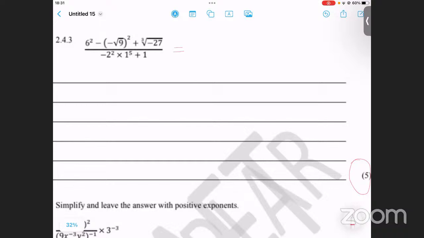So you're basically simplifying everything that's on top. Then you're going to say minus, and then you're going to take the 9 and cube it. You're going to first simplify it, which is 9, and then you're going to cube it, which is going to give us 81.